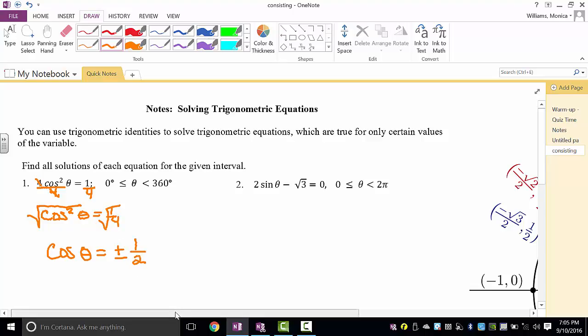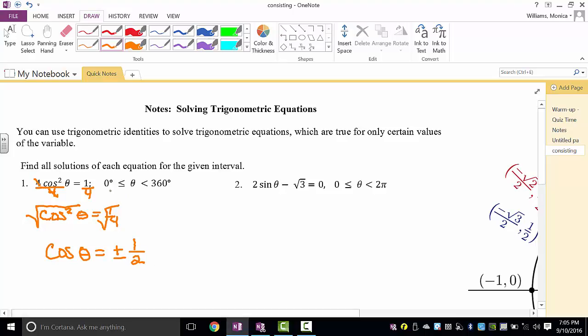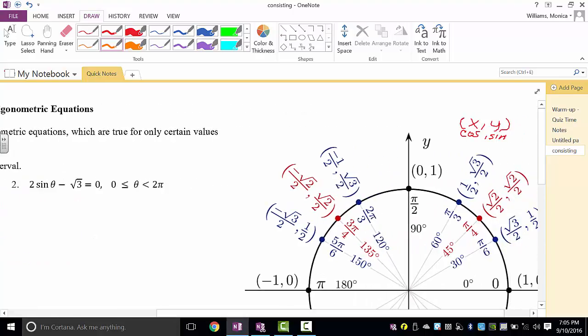Now you go to your unit circle and you want to find all angles in degrees where the cosine value is 1/2. On your unit circle, you have x and y coordinates. The cosine is your x coordinate. So you're going to look at all of your x coordinates and pick all the angles where cosine is positive 1/2 or negative 1/2.